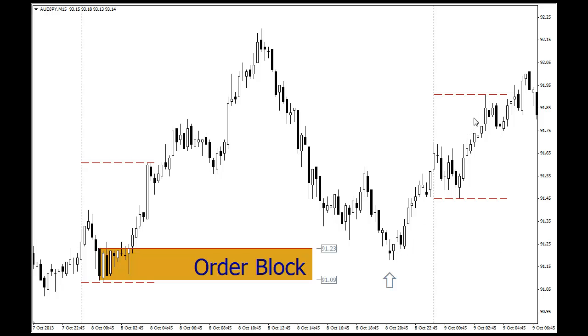So moving higher, we have another order block, because we have a consolidation in here. We have this candle right there, this whole candle.